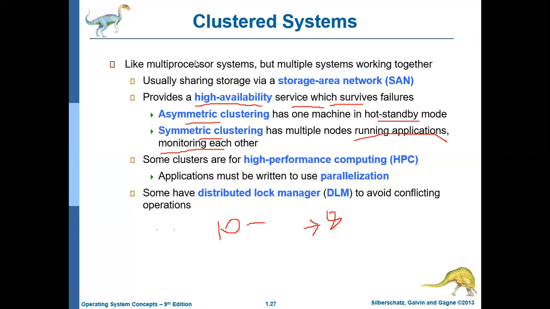This is how symmetric clustering works. Symmetric clustering provides better performance than asymmetric clustering, because here you are effectively utilizing the resources. You are not underutilizing any resource. So these are the two types of clustering, asymmetric and symmetric.